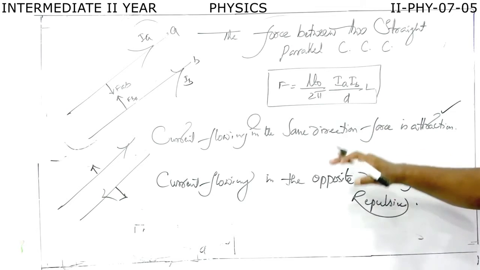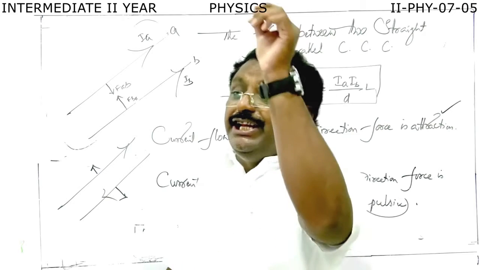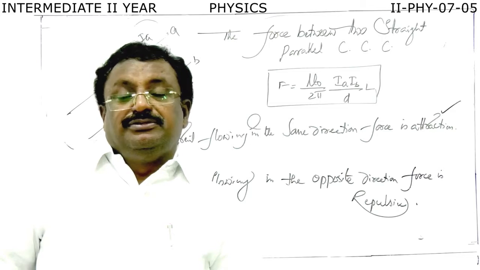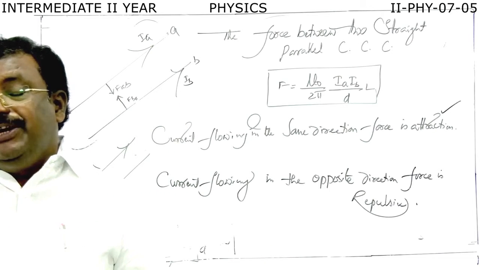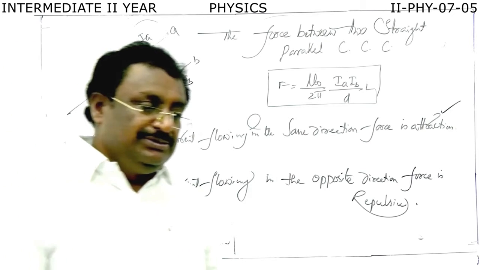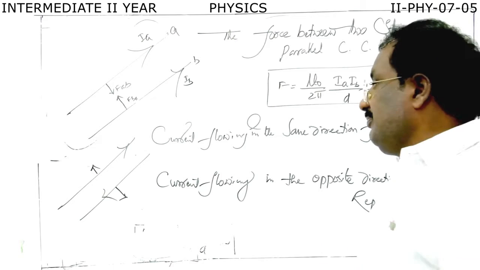Just compare these two statements with the love and hate theory in electrostatics, which you studied in Coulomb's inverse square law. According to the love and hate theory, similar charges repel, and opposite charges attract.